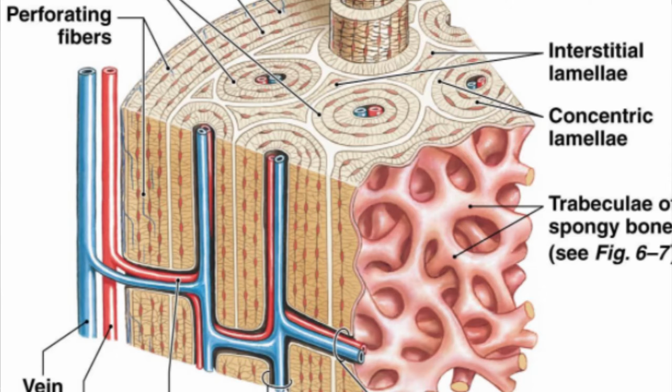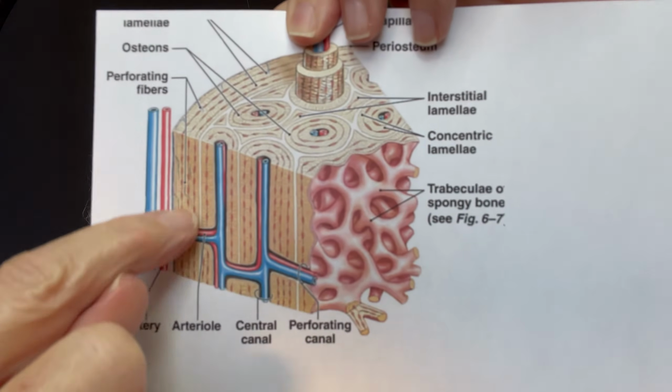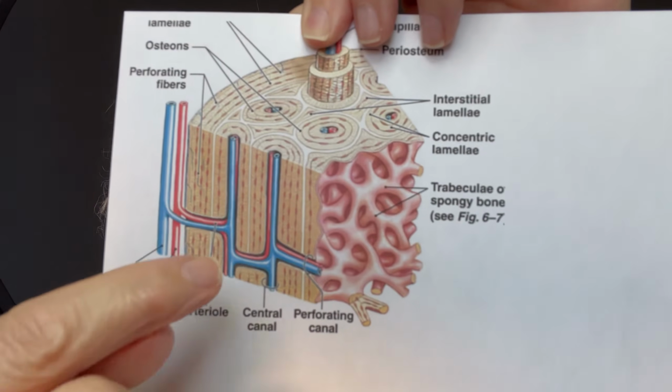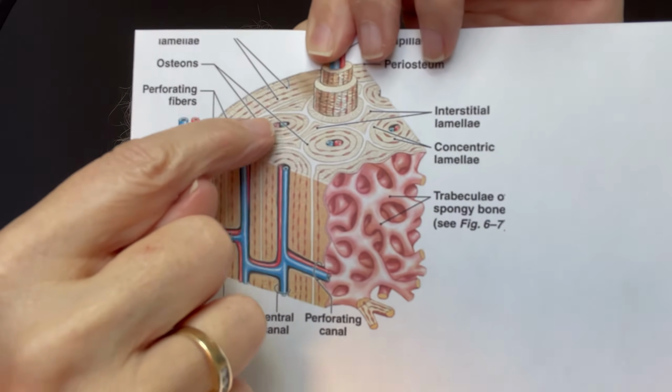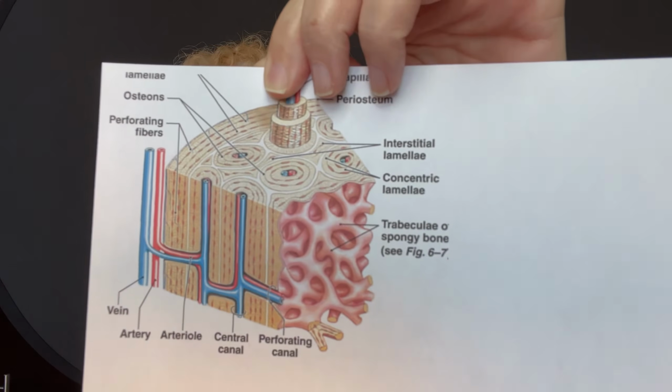And here is a really good picture. In this area here is the dense bone and this is the porous bone. But throughout we will see capillaries and we will see the lacunae, which are these round circles. And inside the lacunae we will have osteocytes, which are mature bone cells, and osteoblasts, which are young bone cells that are producing bone as we grow.